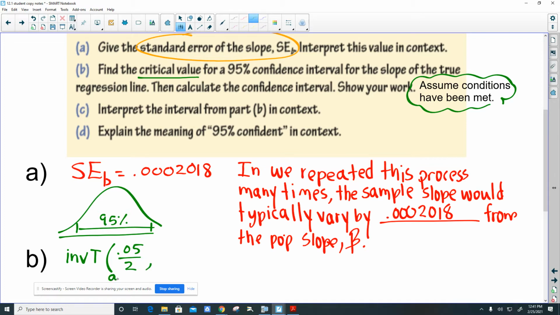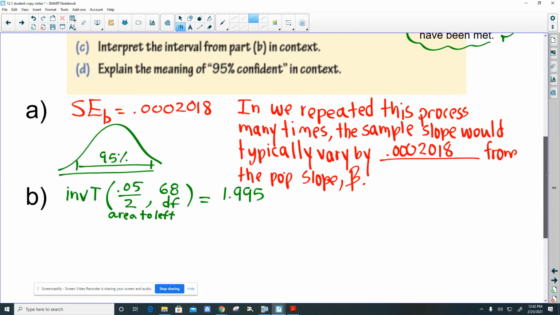So that's the area to the left, if I want this left t-score first. And then I want to put in the degrees of freedom. Remember, degrees of freedom for inferences on slope is sample size minus 2. So 68 is the degrees of freedom, and that's going to yield a t-score of 1.995.